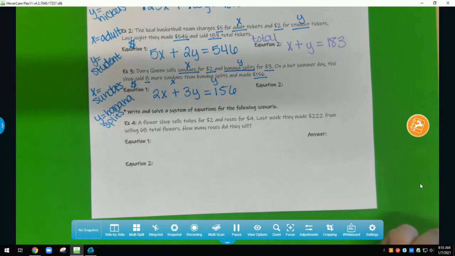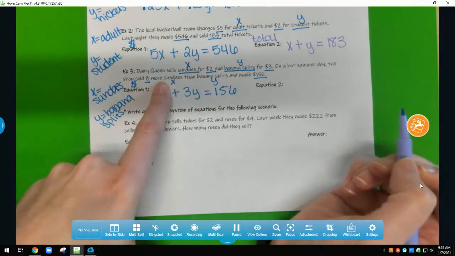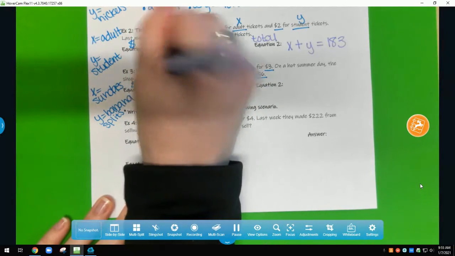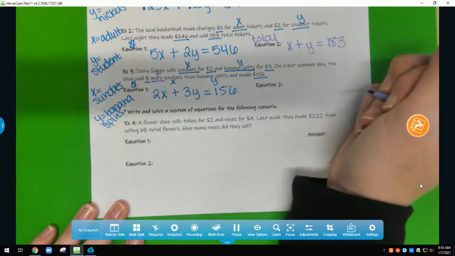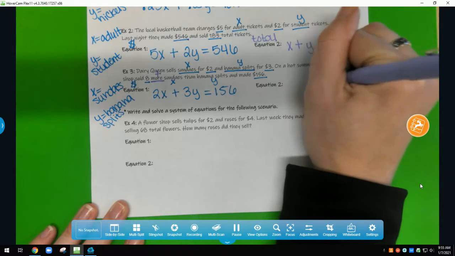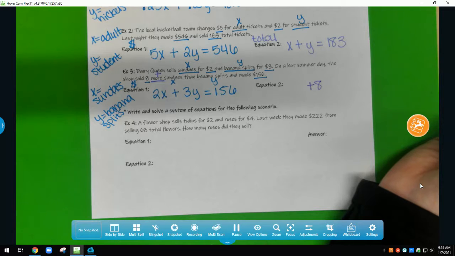Equation 2, it's not a total this time, it's a little bit different. We know we sold 8 more sundaes than banana splits. More means I'm adding 8 to something. We need to figure out, are we adding it to the sundaes or the banana splits?